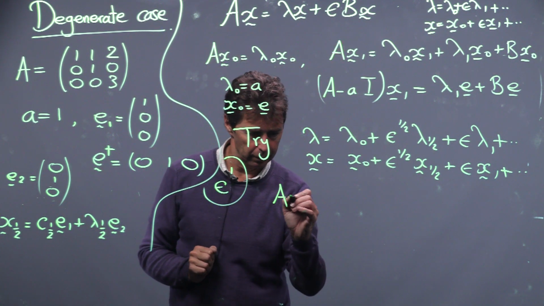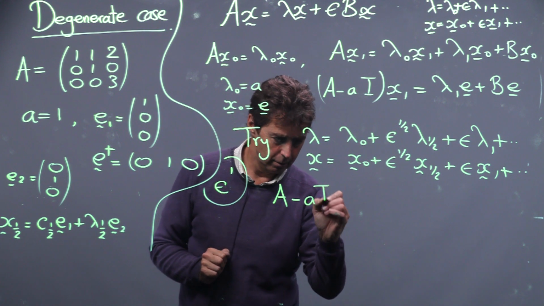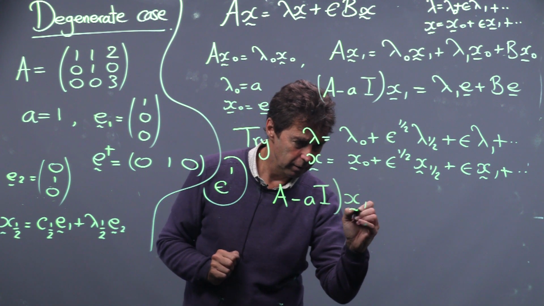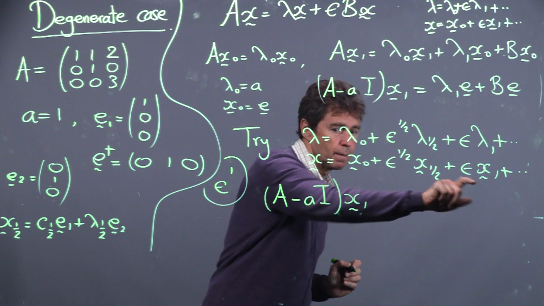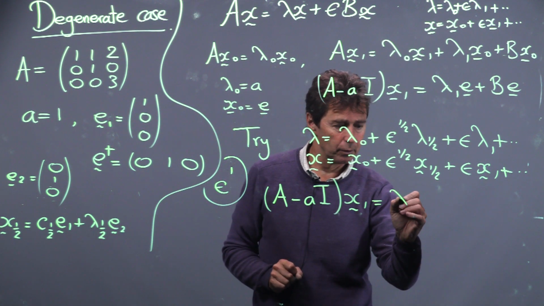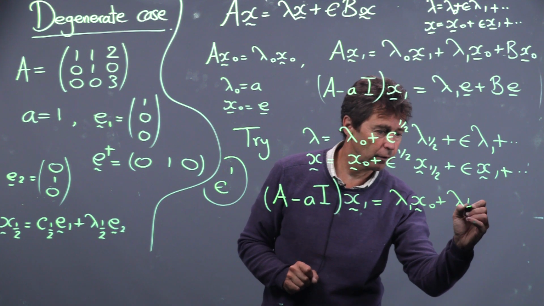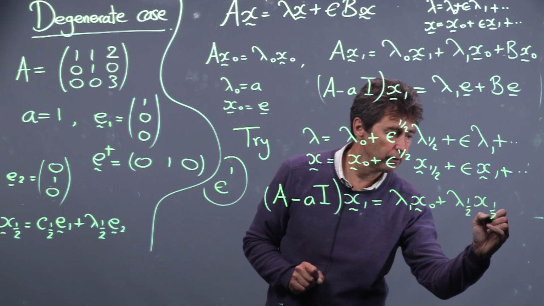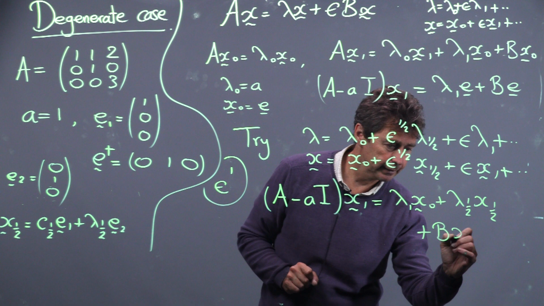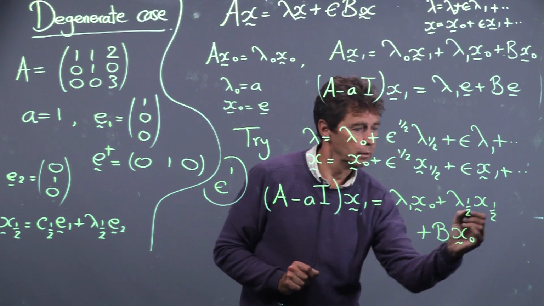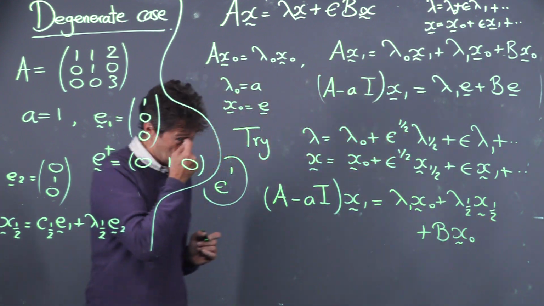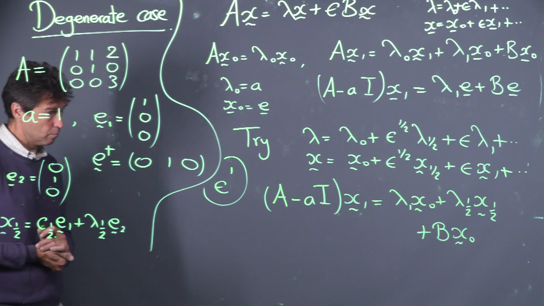So let's write down what we get. I get my x1s, these terms. Then I'm going to get a lambda 1 x0 plus a lambda 1/2 x1/2 plus b x0. So those are going to be the terms that I get.